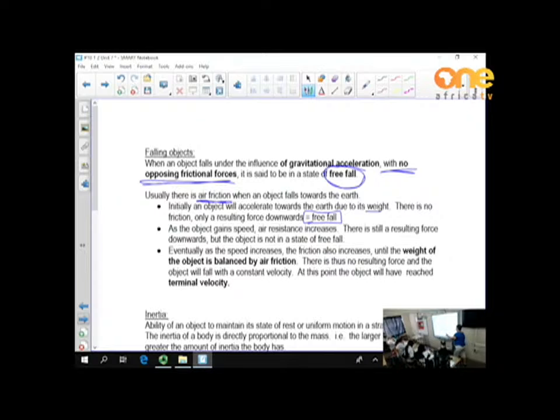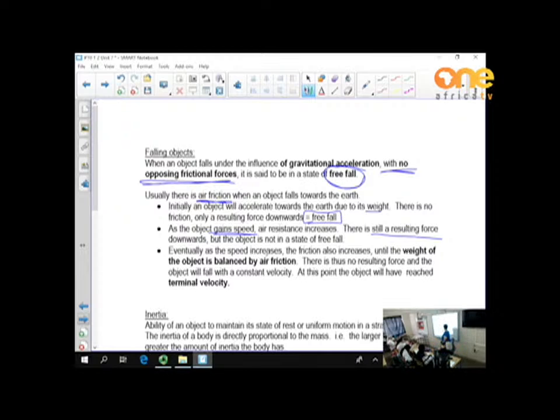But as you go faster and faster, in other words, as you gain speed, we find that the resistance, the friction increases. All right? There is still a resulting force making you go faster and faster, but that force makes the value for the acceleration become less and less until eventually the acceleration is zero.